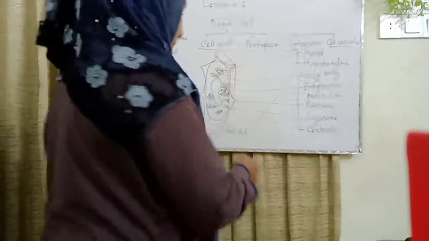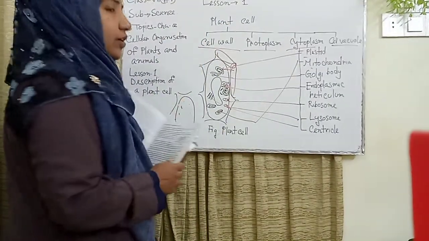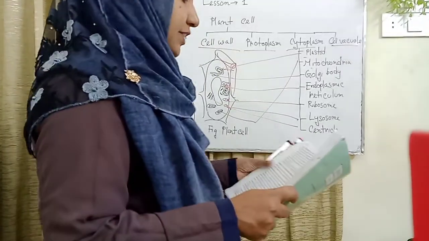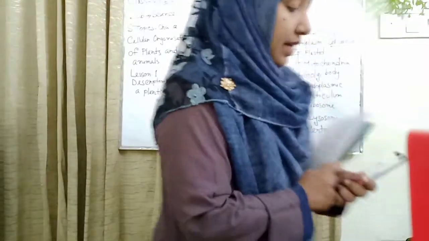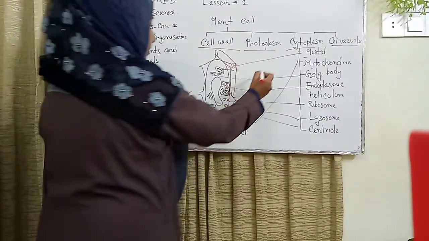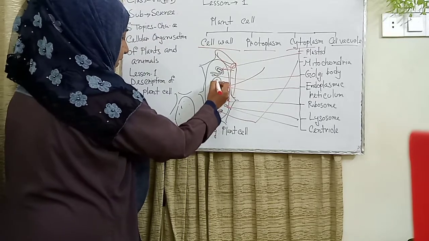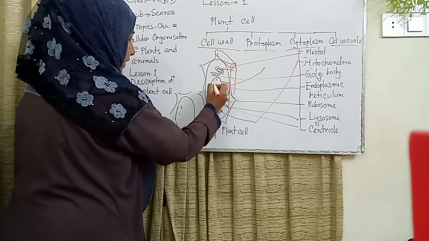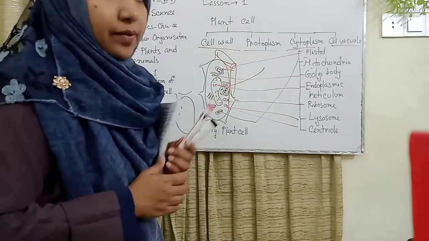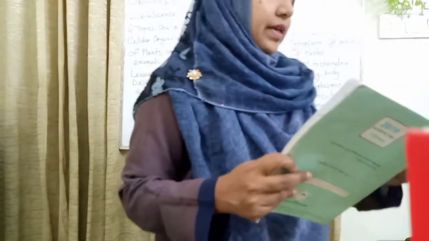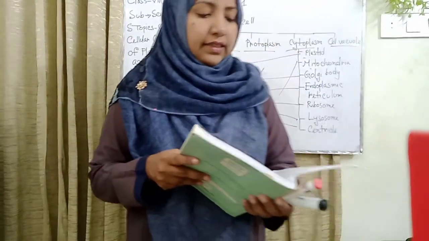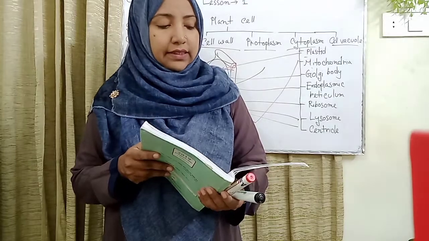My dear students, today I explained the plant cells and the plant cell organelles. The last structure is the cell vacuole. I just drew the cell vacuole. Basically, this thick structure is called the cell vacuole. Cellular living organelles and non-living substances are present in the cytoplasm.